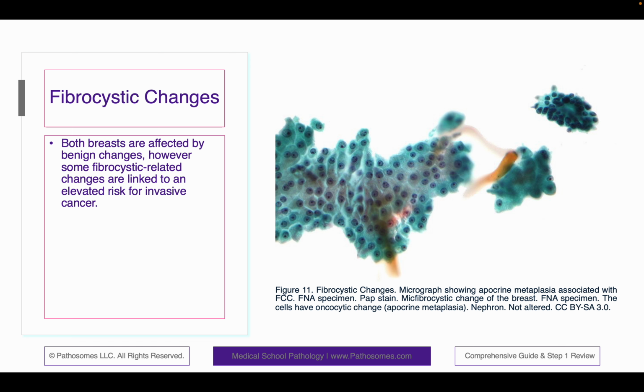Now, in regards to fibrocystic changes, both breasts are affected by benign changes. However, some fibrocystic related changes are linked to an elevated risk for invasive cancer. To the right here, we have an FNA, fine needle aspiration, specimen that has been pap stained, showcasing fibrocystic changes of the breast.